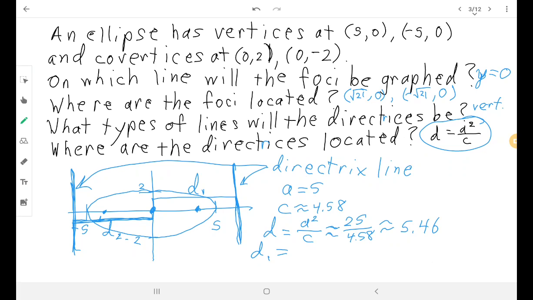Directrix 1 will be at x equals 5.46, because the distance from an x value of 0 out to the directrix is 5.46, so it'll be at x equals 5.46 since we're starting at 0. And that second directrix will be that same distance but in the negative direction.